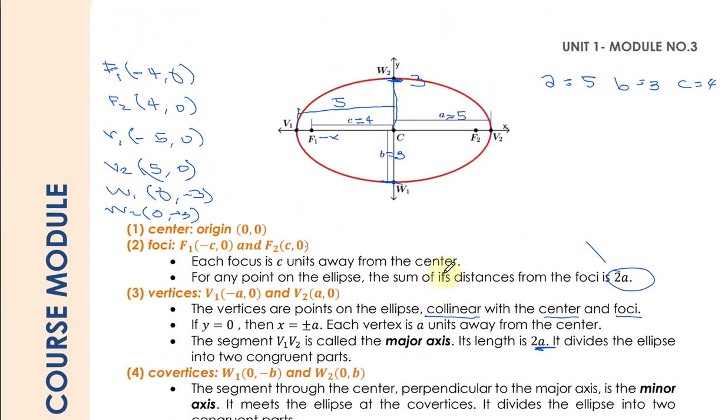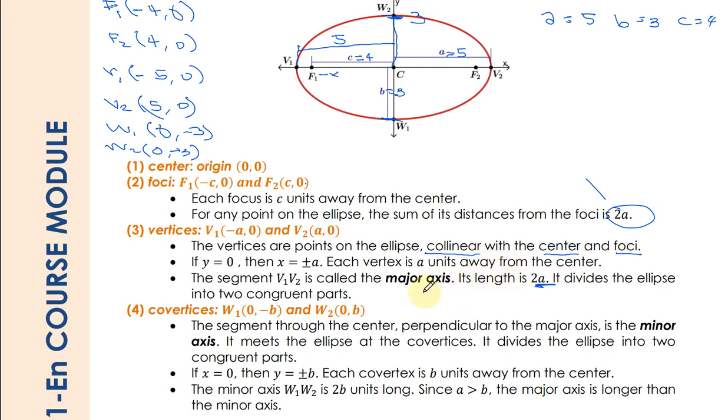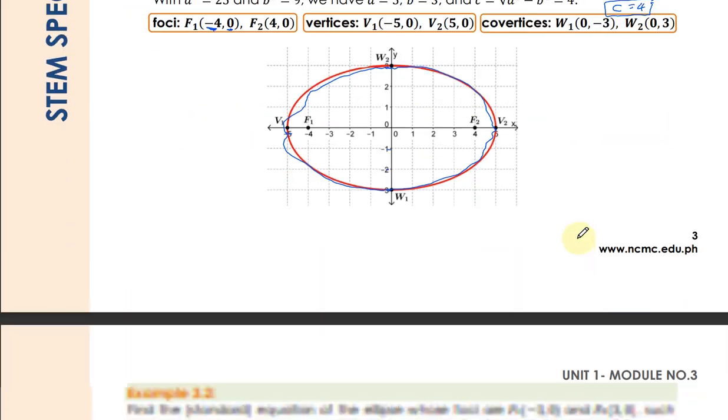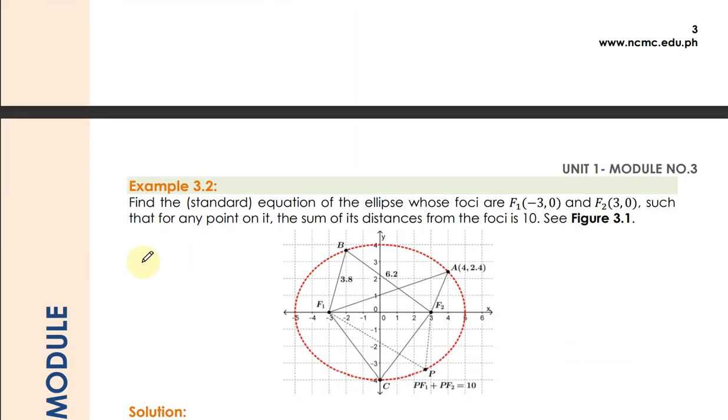The sum of the distances from the foci is equal to 2a, so we equate 2a to 10. So a is equal to 10 over 2. Divide both sides by 2, so a is equal to 5.